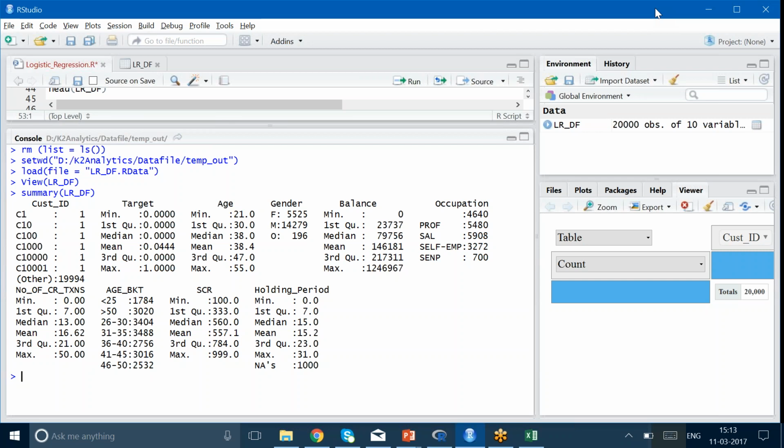So the first thing that we have to do is to create that target variable. Yeah, for that you will require some pilot campaign. Okay.